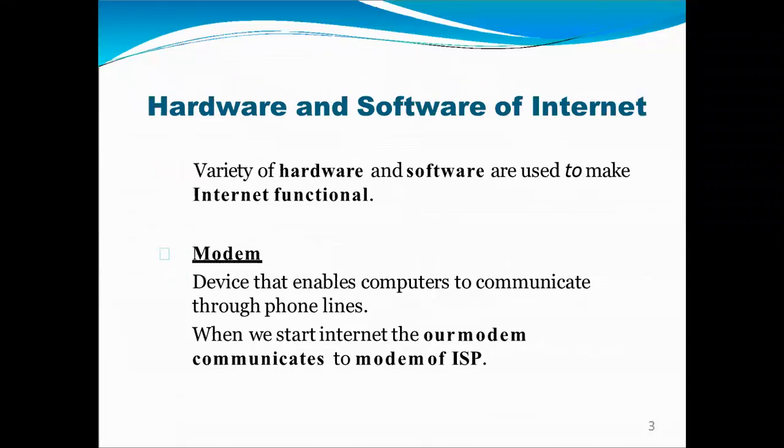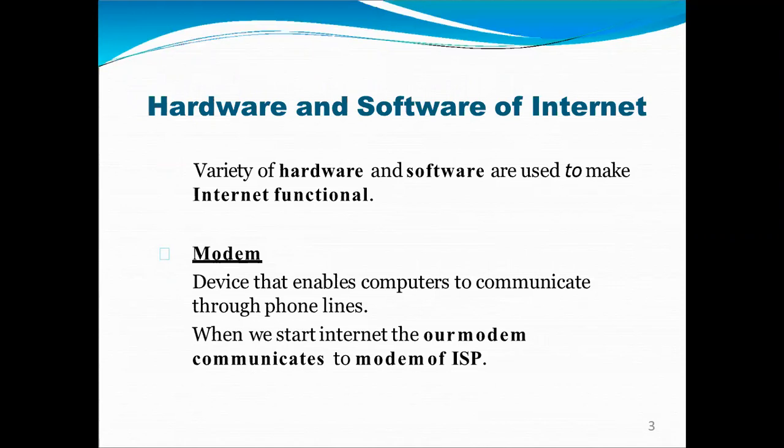Now, there are some hardware and software requirements for the internet. The very first thing you need is an electronic device which supports internet technology. Then you need a modem. It is a device that enables computers to communicate through phone lines.